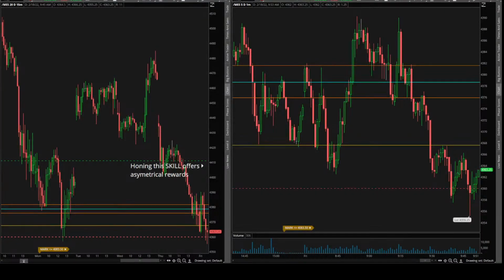Hanging out above the overnight low. Took out Monday's low.